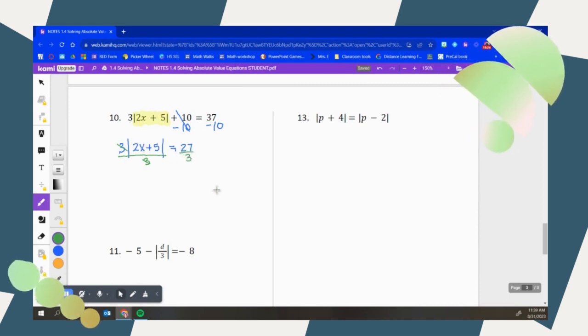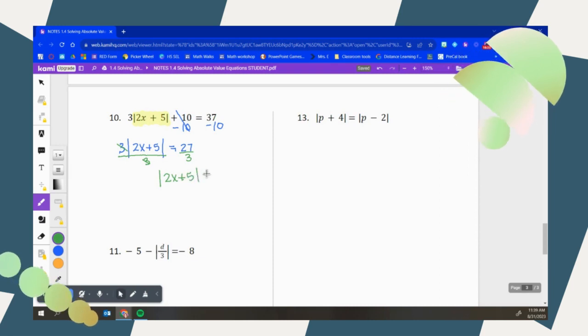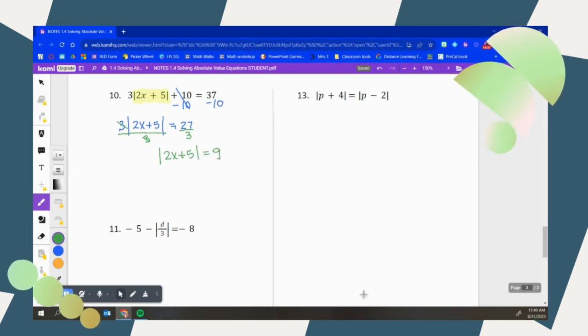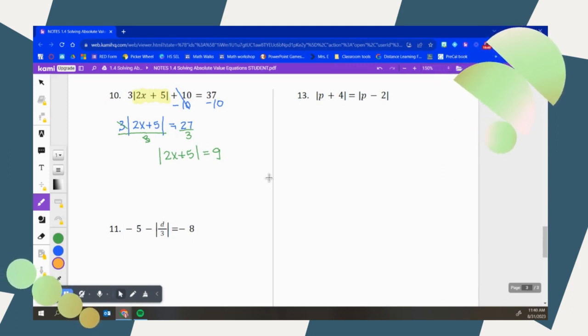Divide by 3. So now I have absolute value of 2x plus 5 equals 9. All right, that was the isolate part. What's step number 2? Split it up. Okay, so we're going to isolate, then we're going to split.